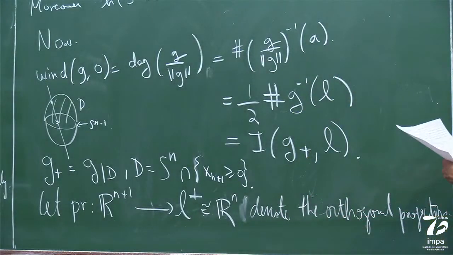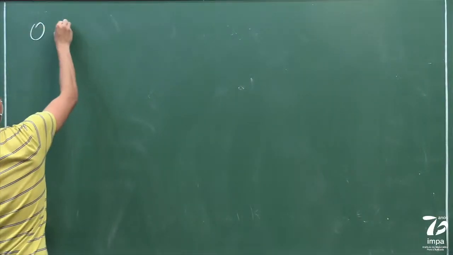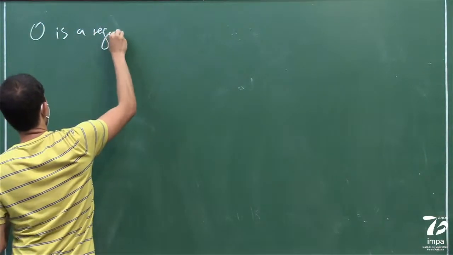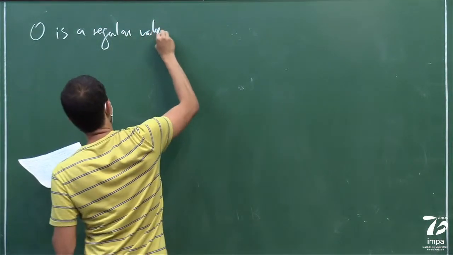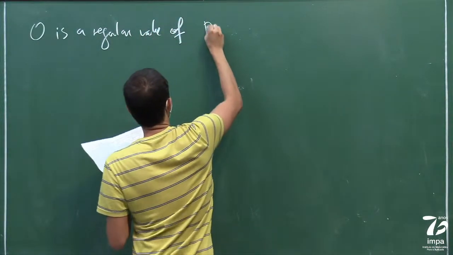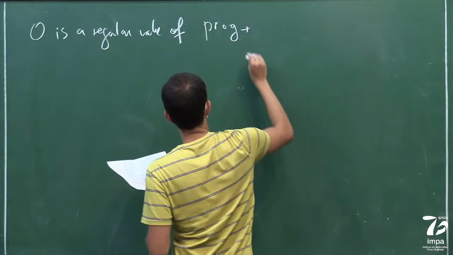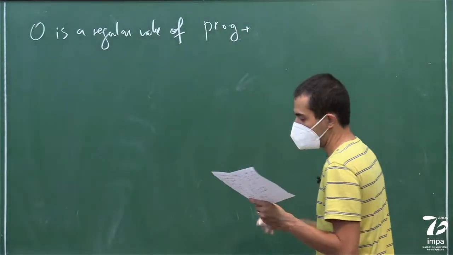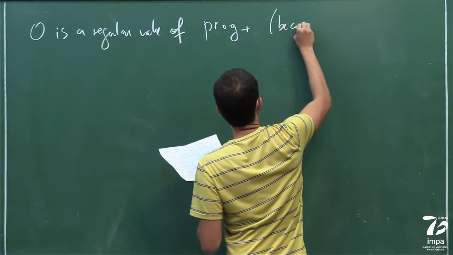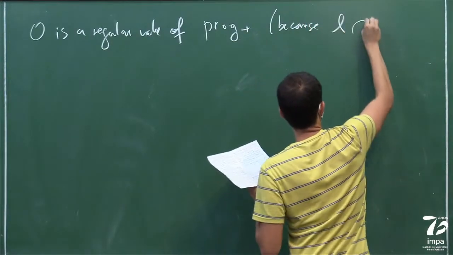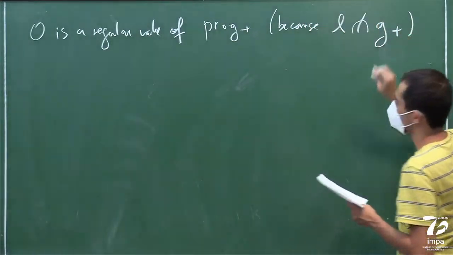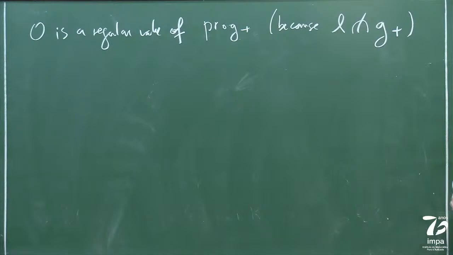And note that 0 is a regular value of the projection composed with g plus. And that's because L is transverse to g plus. It's the kind of argument we've done so many times.